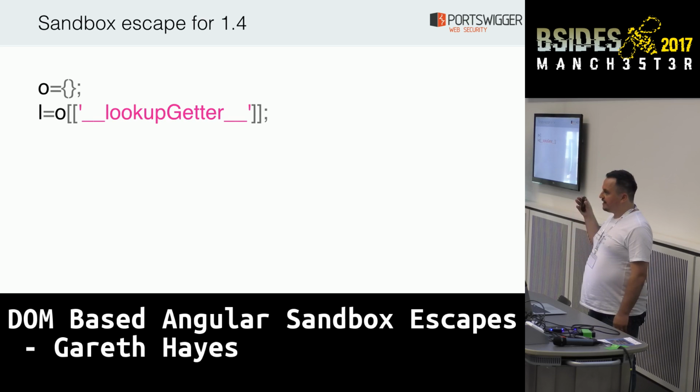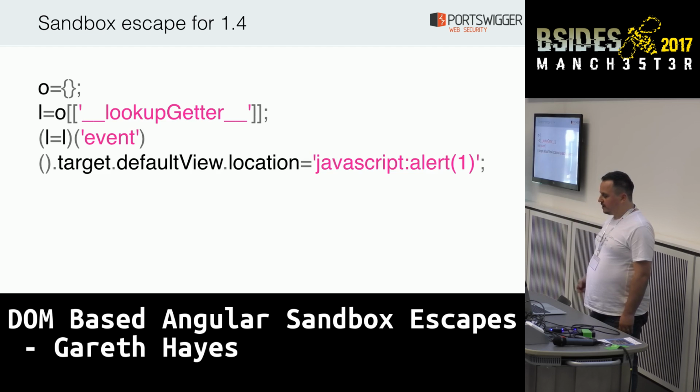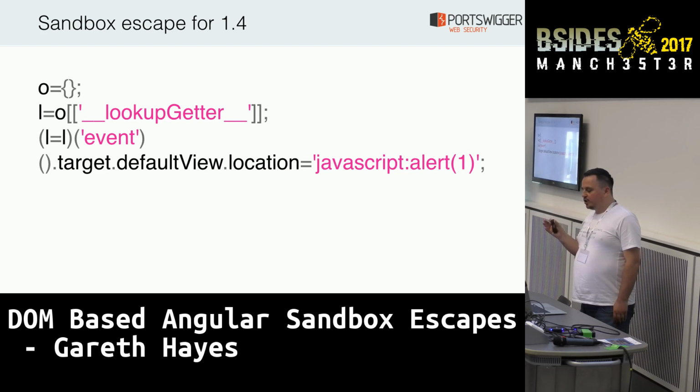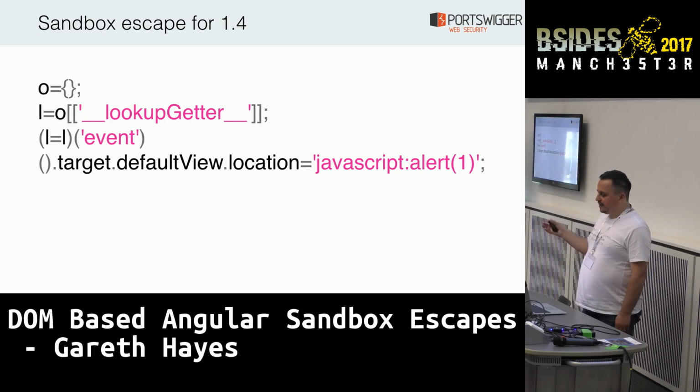We use the array trick on the object accessor to get the lookup getter function. We use our indirect-like call, so L equals L, and then we call the event getter. Then target contains a reference to the document object. Then defaultView contains a reference to window. Then we can assign to location and bypass the Sandbox.